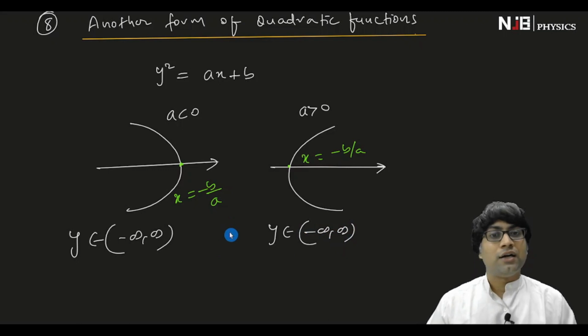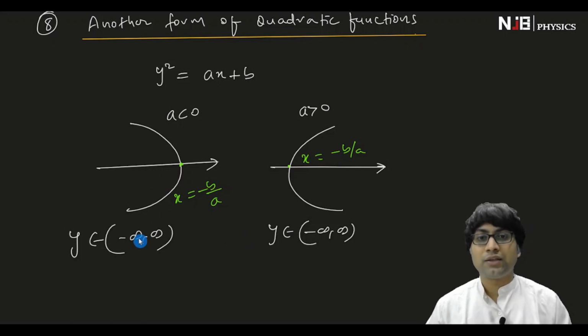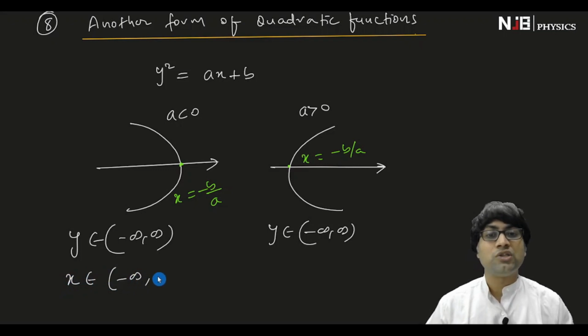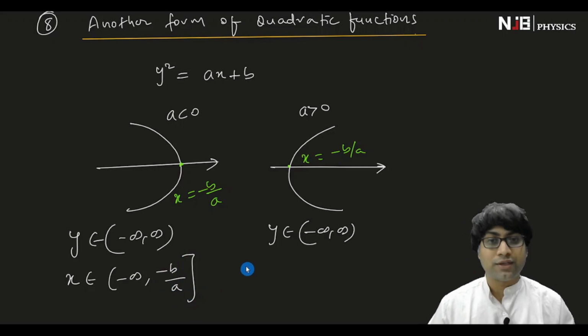However, the value of x cannot take any value from minus infinity to plus infinity. So as far as the domain is concerned, the domain is restricted. For example, in the left side graph, the value of x will be from minus infinity to a maximum value. And what is the maximum value of x? Maximum value of x is going to be minus of b by a, and we have to include it.